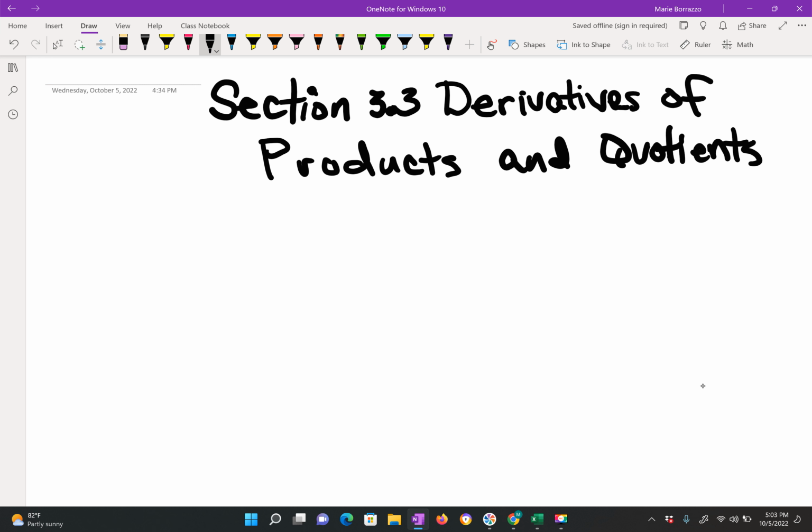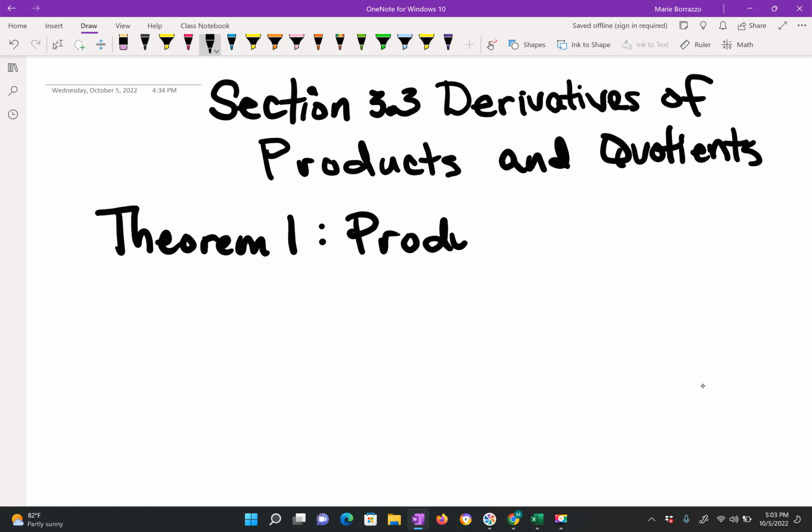So we're going to start with the product rule. It's basically theorem 1 in this chapter, and I'm going to simplify this as easily as I can.